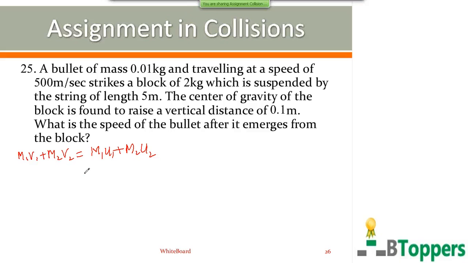Here M1 is the mass of the first body, that is the bullet, which is given as 0.01 kg. U1 is the initial velocity of the bullet before collision, given as 500 meters per second. M2 is the mass of the block, which is given as 2 kg.